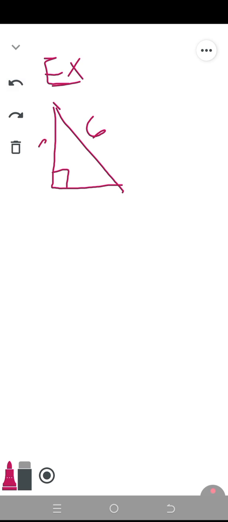And we have to look for this angle here. So we are looking for theta, right? What were we given? We were given two sides. We are given the hypotenuse. This is the hypotenuse. What's the hypotenuse again? The side that is facing your 90 degrees. That is your hypotenuse. Good.